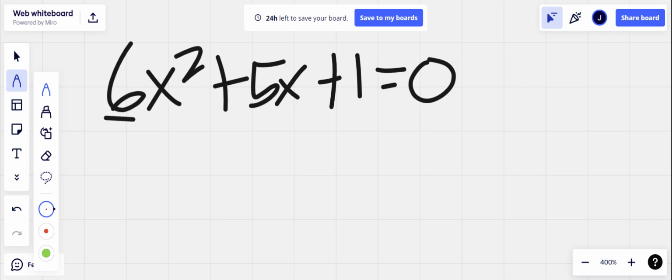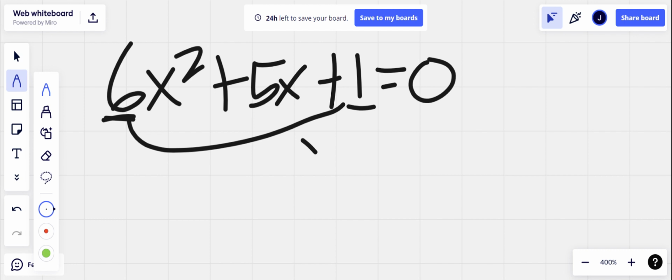Okay, my a coefficient is greater than 1. I'm not used to factoring with that. So what am I going to do? Well, this is my little trick I'll show you. We're going to take this a coefficient of 6 and multiply it by the c value, which right now is 1.